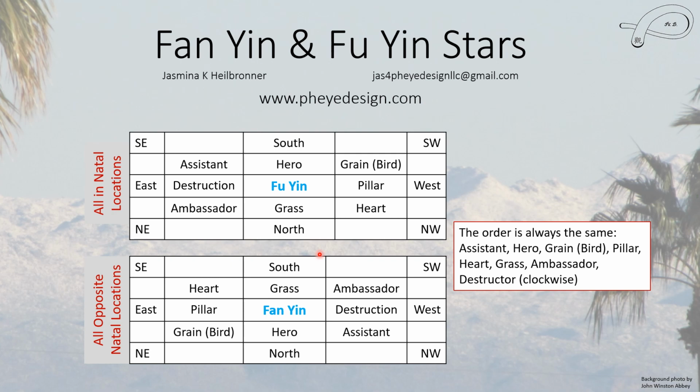And just like the doors, there's a consistent order. So if you've got one of these switched, they'll all be switched. Now you notice I have bird in parentheses. Bird always comes with the grain, but it isn't always there. And I will discuss that later, but not in this video.